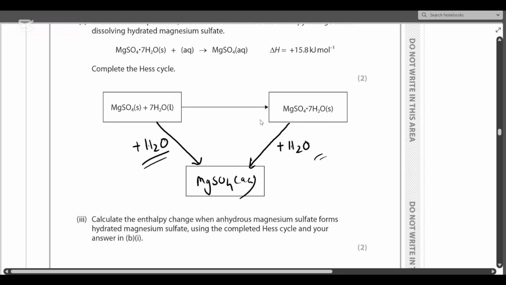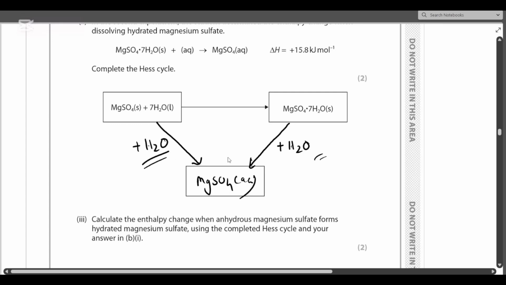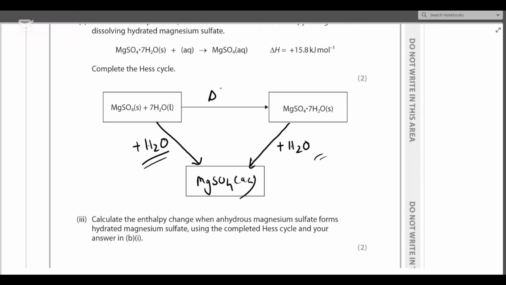Now, the next thing we need to find is the enthalpy change when anhydrous magnesium sulfate forms hydrated magnesium sulfate. In other words, find the enthalpy change of hydration down here, which is this value.